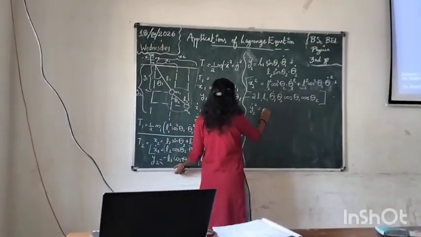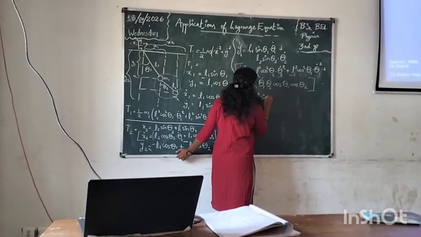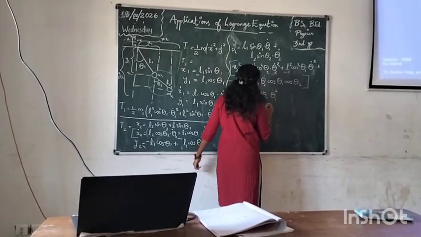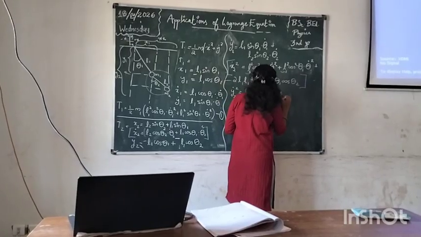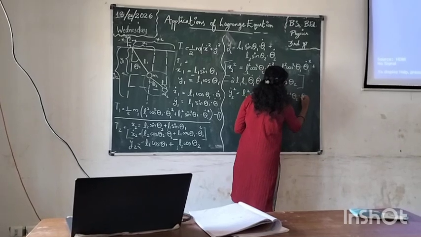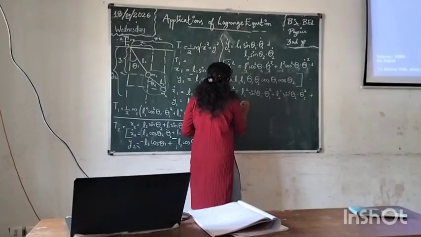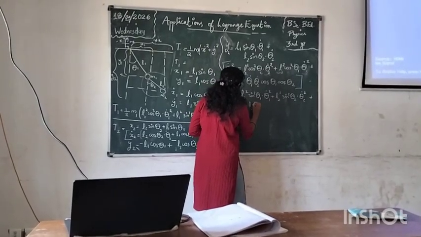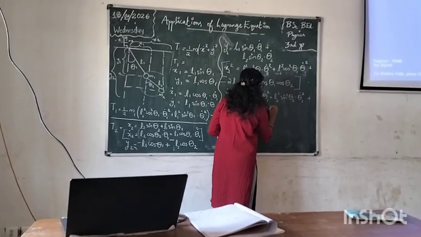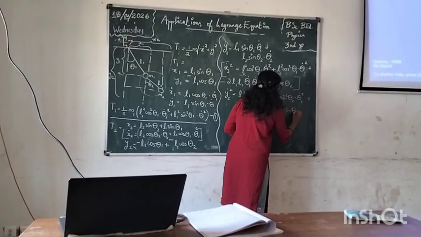In a similar way we have to find y2 dot square. It will be L1 square sin square theta 1 into theta 1 dot square, plus L2 square sin square theta 2 into theta 2 dot square, plus 2ab: 2 L1 L2 theta 1 dot theta 2 dot sin theta 1 sin theta 2.